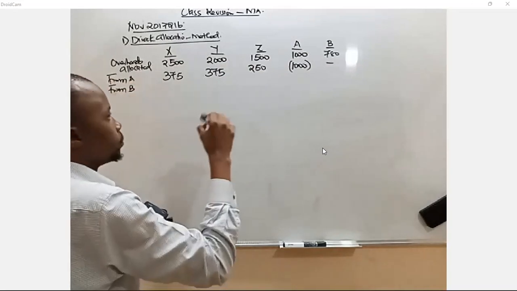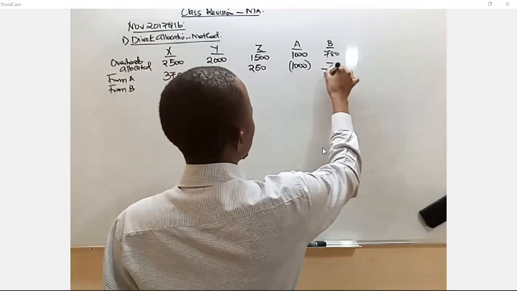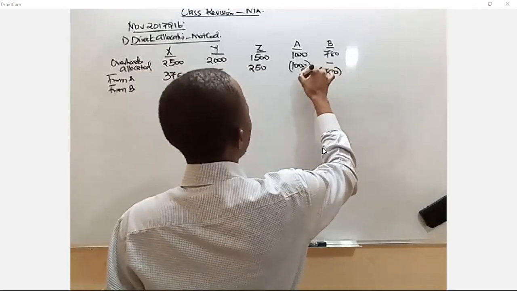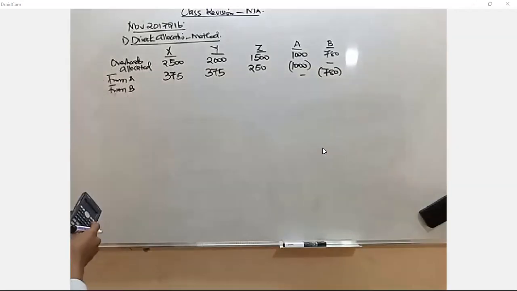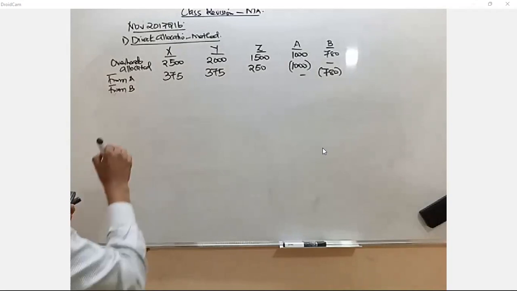From there, you can allocate from B. From B, we allocate 780, but you are not allocating to A. So what will be the proportion? You can see B gives A 10%, so in this case it will be 40 divided by 90, multiplied by 780, getting 347.